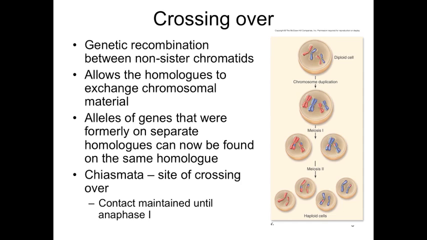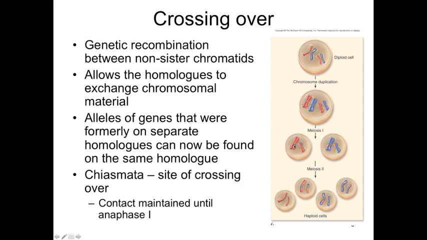That means alleles of genes that were formerly on separate homologues can now be found on the same homologue. So let's say, in this case, we exchanged the genes for hair color. We may see that this chromatid, the left chromatid, has blonde still. However, the right chromatid has this little blue piece, which actually could have been the gene for brown hair.